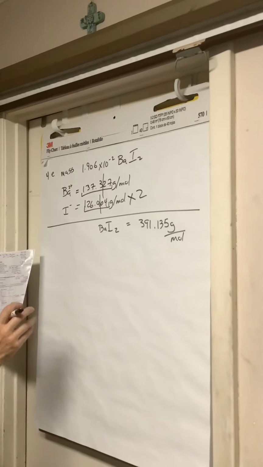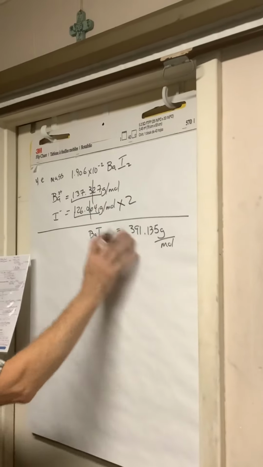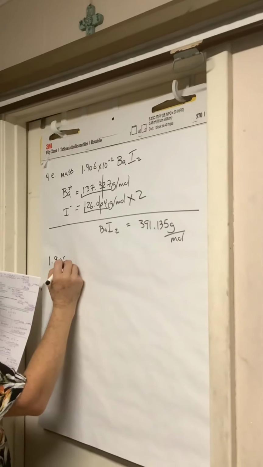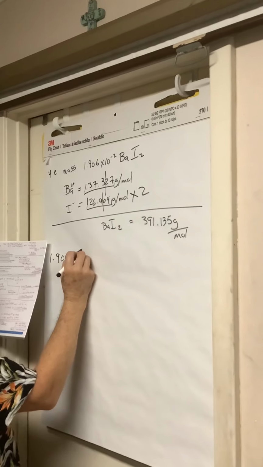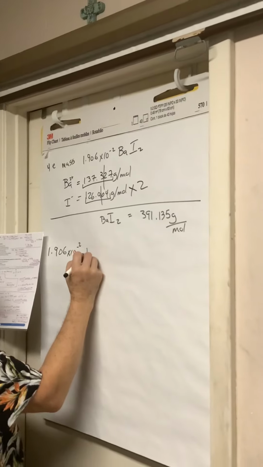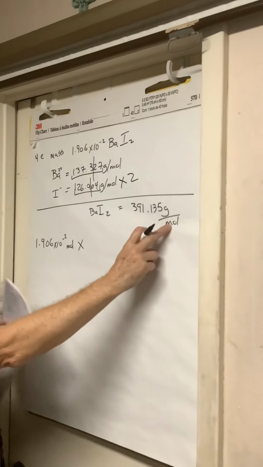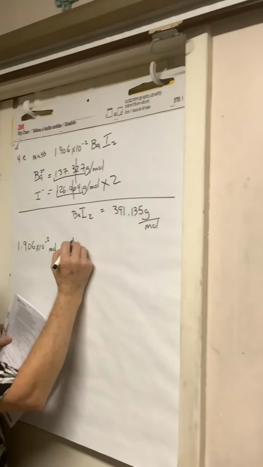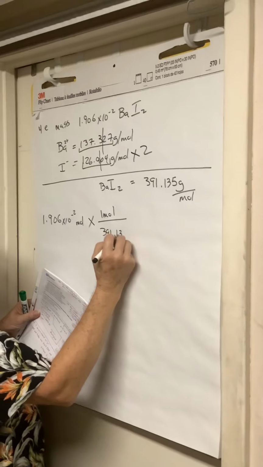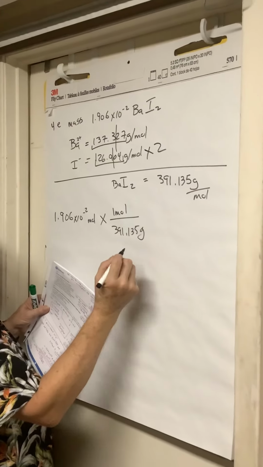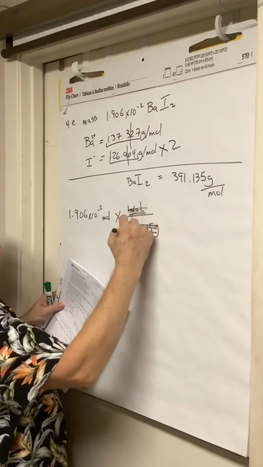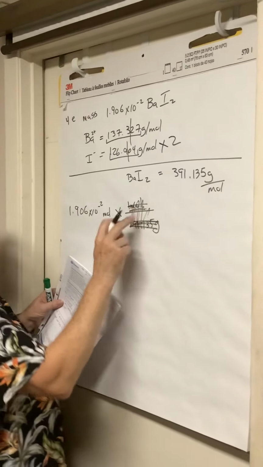Okay, so I have this molar mass and I have this many moles. So again, I write down what I know, 1.906 times 10 to the minus 2 mole, times, I want to get rid of my moles, so I want moles in the denominator here.